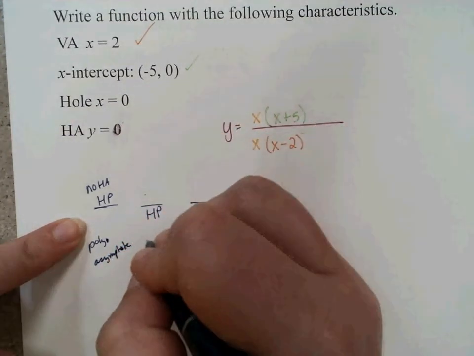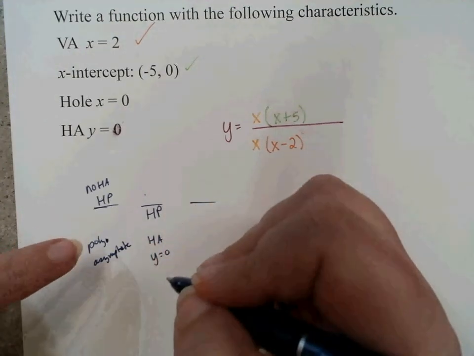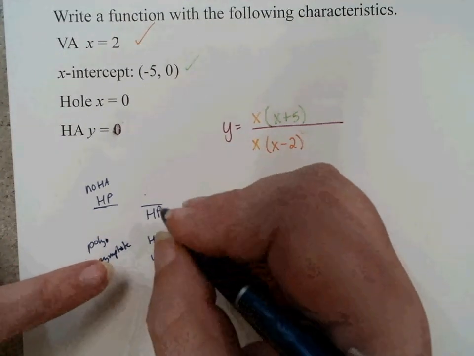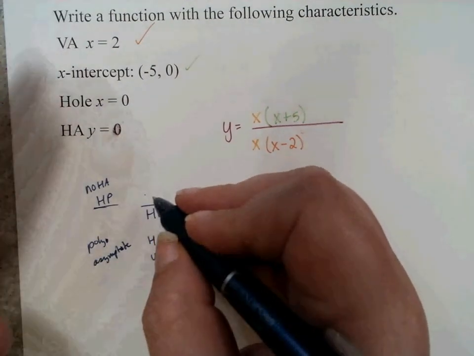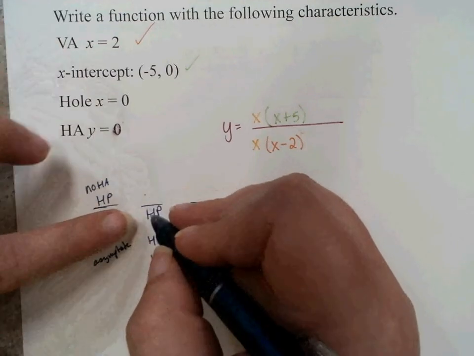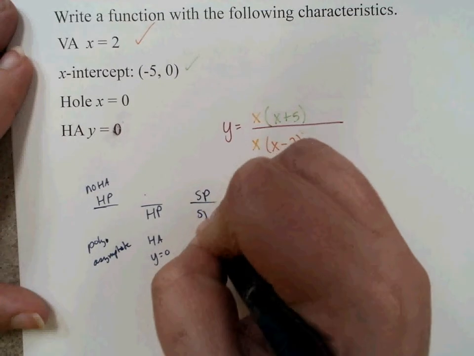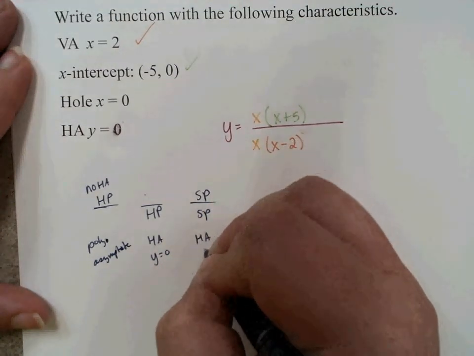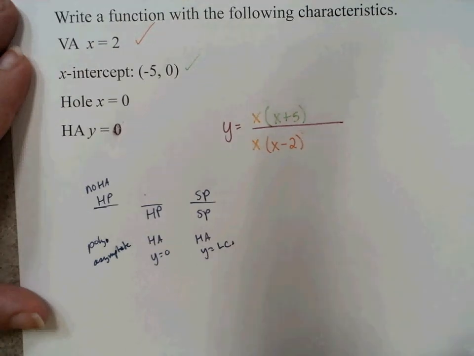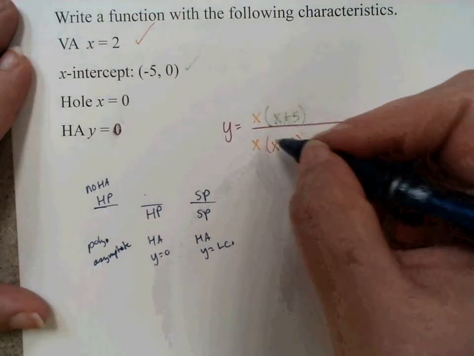You can have the higher power in the denominator. That automatically means horizontal asymptote y equals 0, because the denominator is growing bigger, faster than the numerator, which means the number is getting smaller, because you're dividing a large number, could be even increasing, or it could be just a constant, divided by an increasingly large number. Or they can be the same power, in which case you have a horizontal asymptote at y equals the leading coefficients. Okay? We are in a situation where these are the same power.